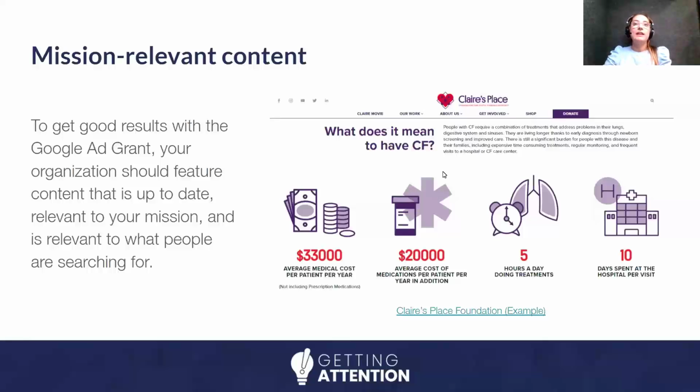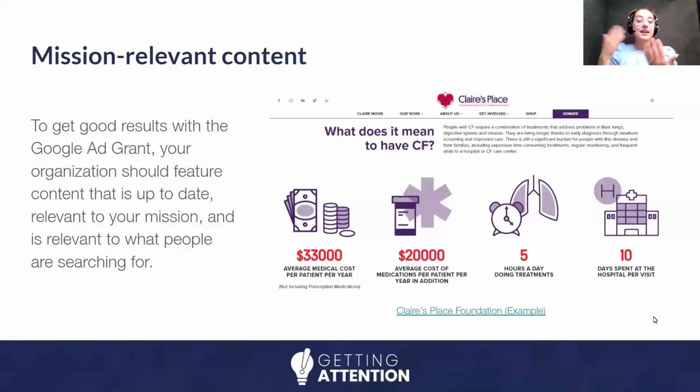And so they have a page, for example, that says, what does it mean to have cystic fibrosis? And they talk about how this is a chronic disease. They talk about what is the average cost, not including prescription medication, and then the medication that the folks who have it have to take, how many hours a day patients spend doing treatments, and how many days are spent at the hospital, et cetera.